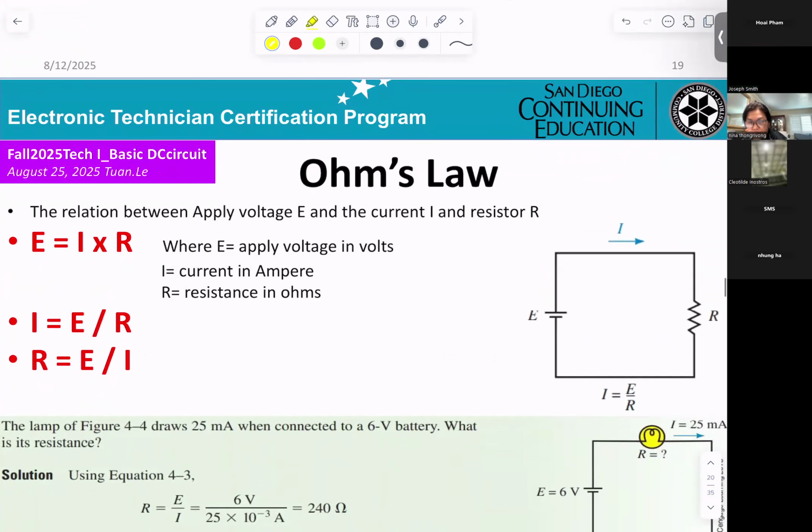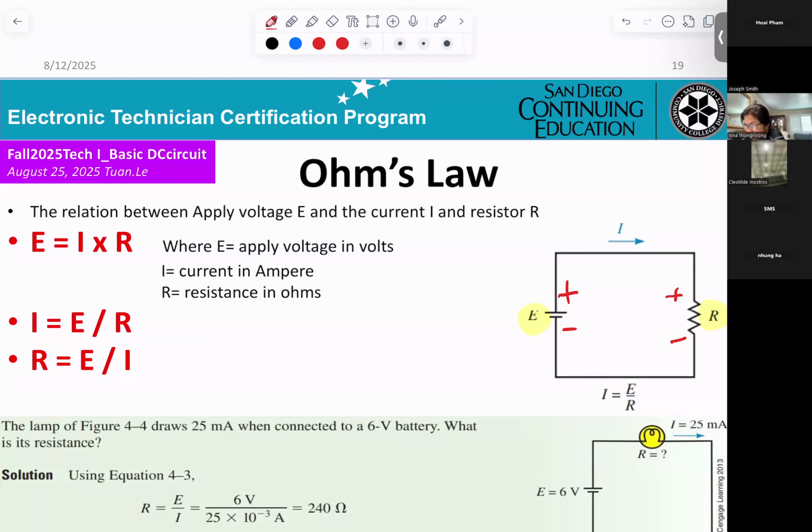Ohm's law. Now you see the circuitry. You get the power, positive, negative. Okay. When you connect to the resistor, current will flow through R. This side positive, this side negative.